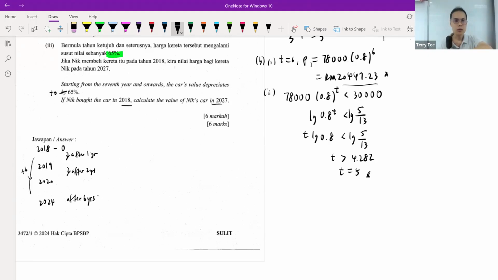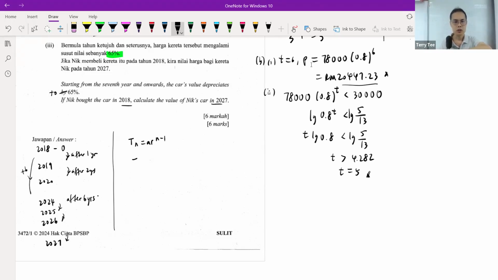So we want to know the value in 2027. This is 2025, 2026, 2027, so every year you drop. There is a general formula, which some of you learned in geometric progression: Tn equals A R to the n minus 1.